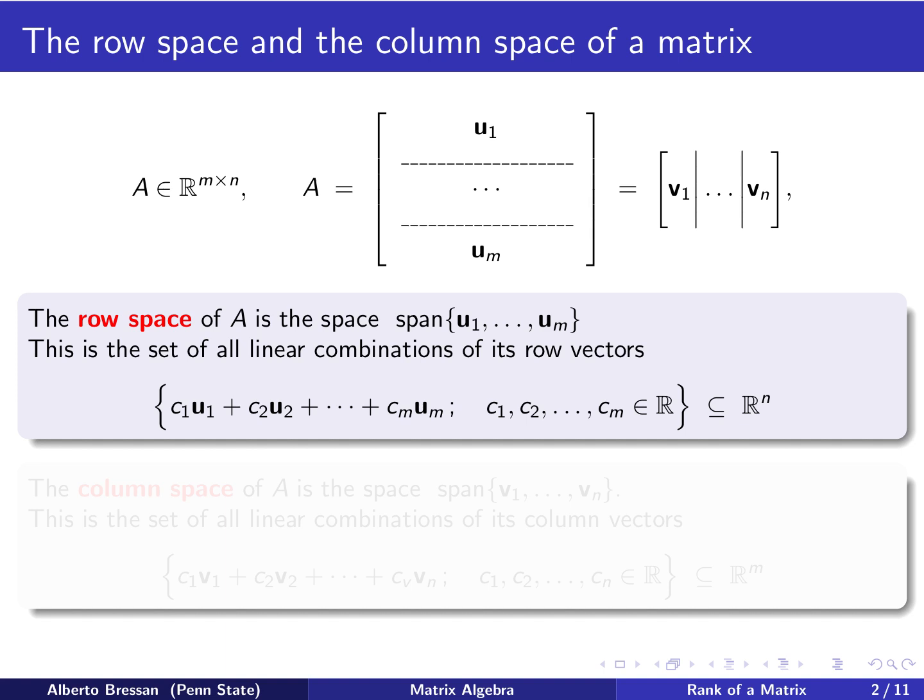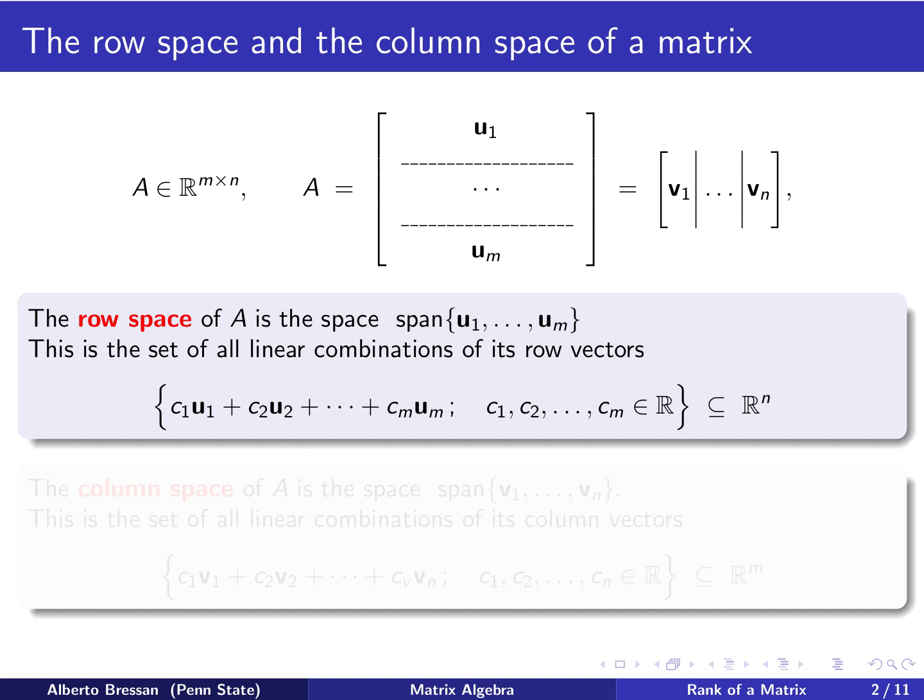Then we can use these vectors to form spaces by forming a span of them. So if you take the row vectors u1, u2 to um, there are m of them, and you form a space by collecting all possible linear combinations of them, then this is called the row space.